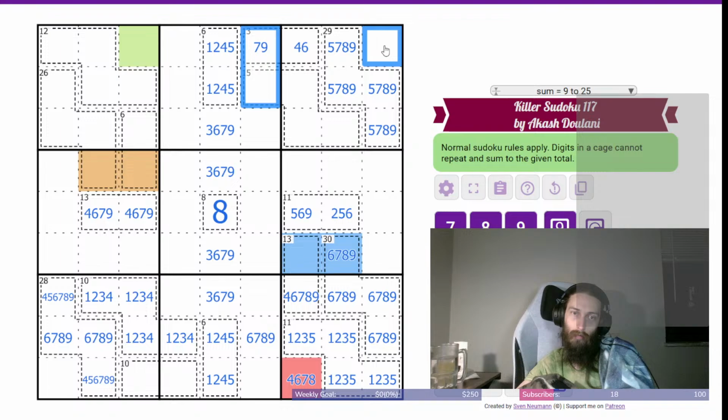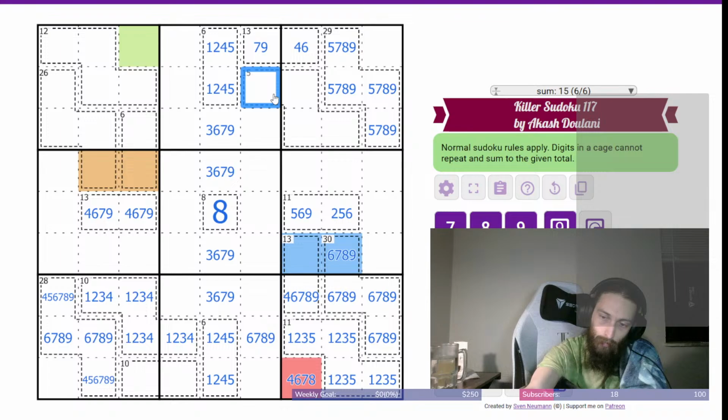And this is minimum 6. This one would be maximum 9.